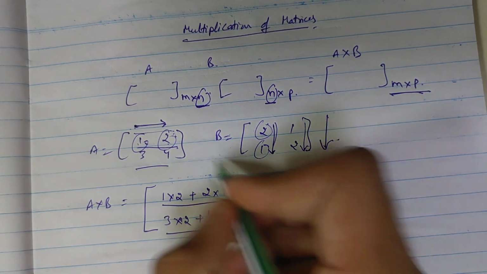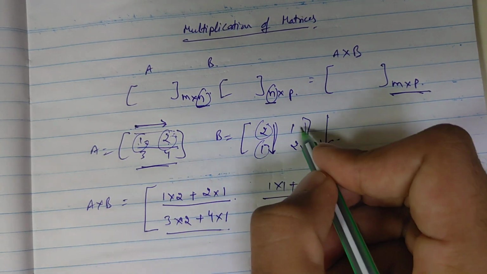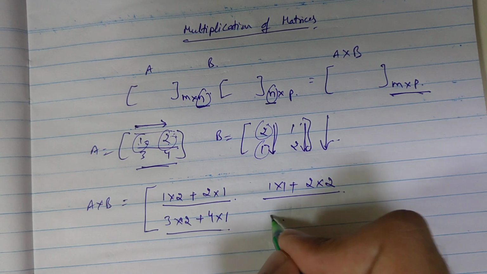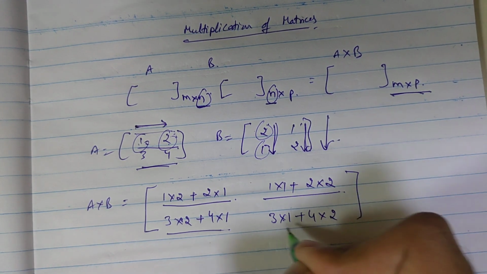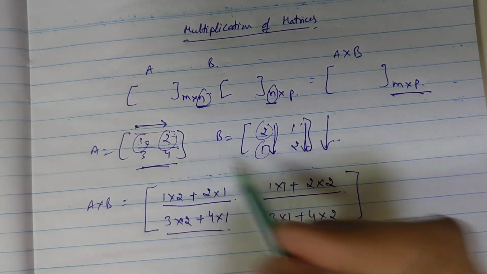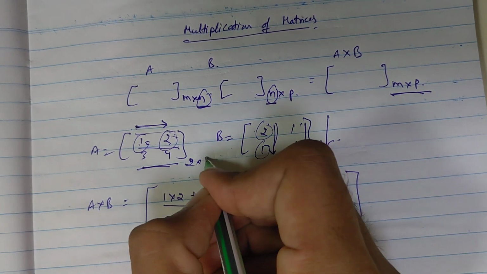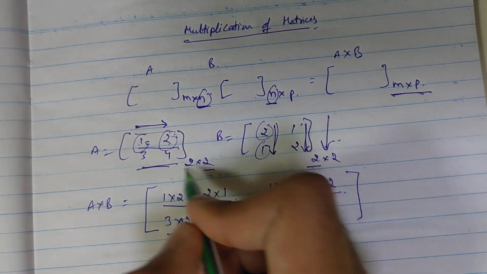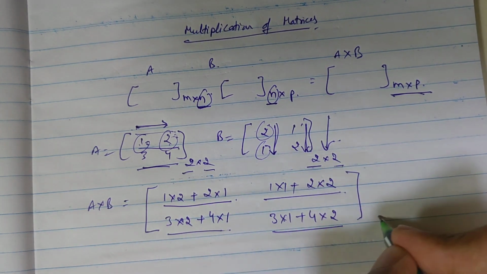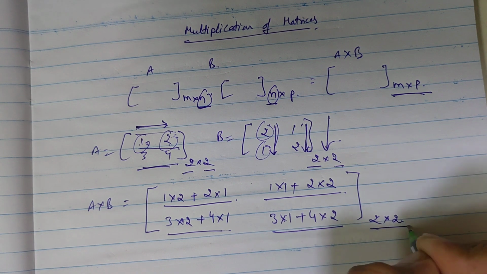Then for here, take the second row and second column, 3 multiply 1 plus 4 multiply 2. So these were 2 cross 2 matrices. Okay, so 2 2 common, so the resultant must be of the form 2 into 2. This is a 2 by 2 matrix.